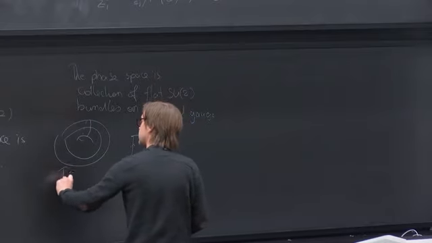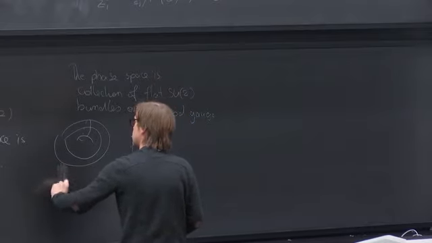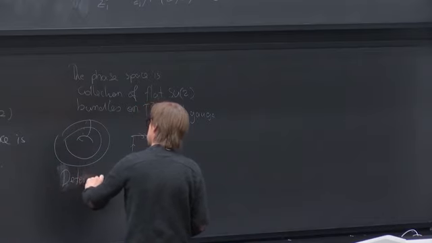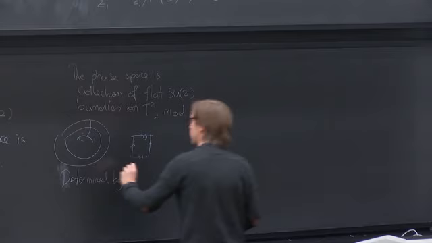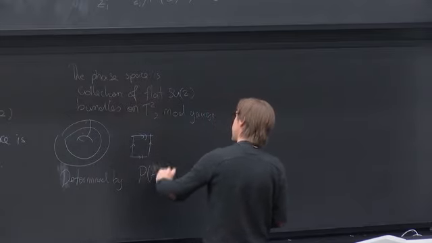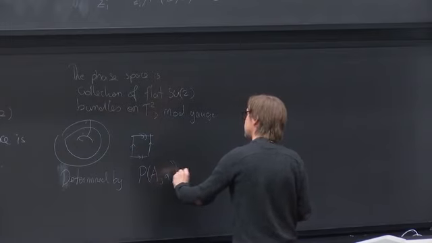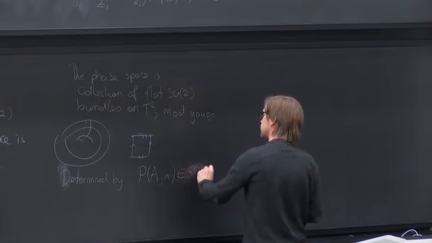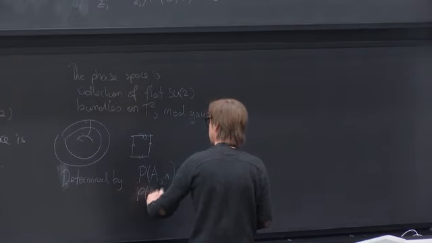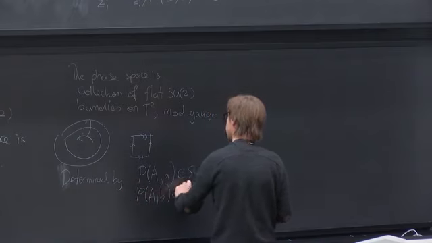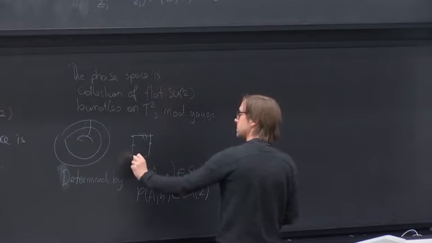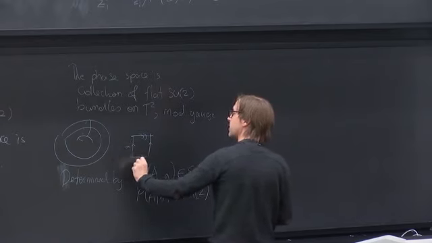So it's determined by parallel transport of my gauge field along the A cycle. That's an element of SU2. And parallel transport of my gauge field along the B cycle. It's also an element of SU2.